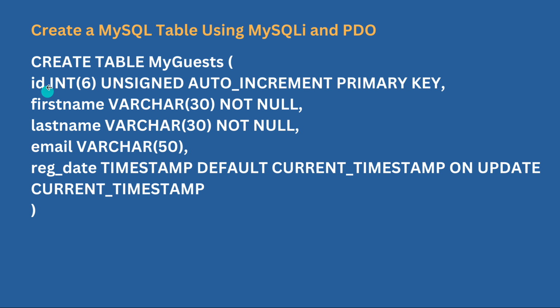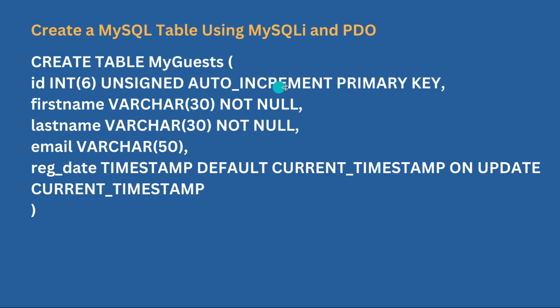Here ID is the one field, int, and I'm limiting this to how many integers, sorry, 6. By default if you do not put it, it will pick an 11 digit integer. Then unsigned means it will be 0 and positive.